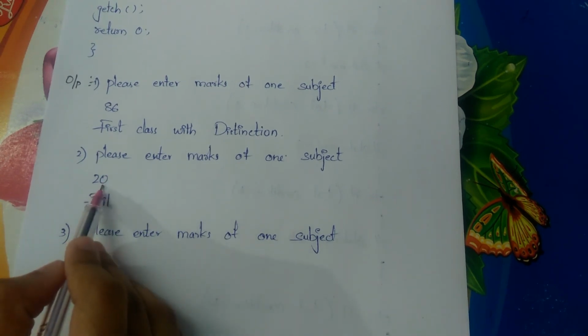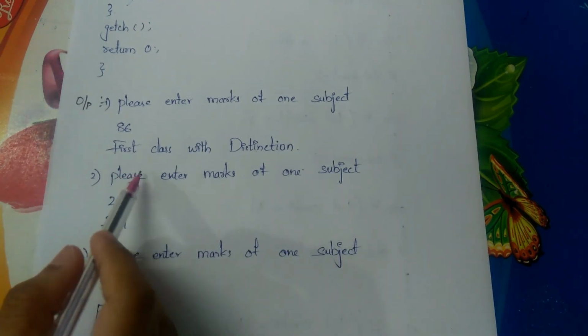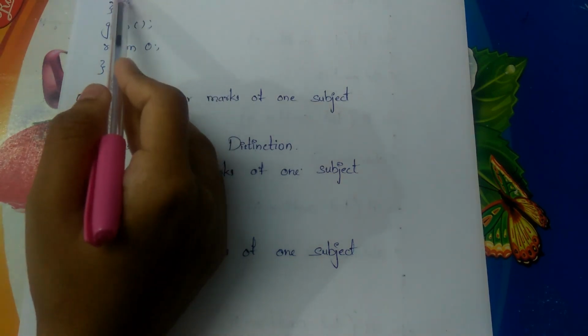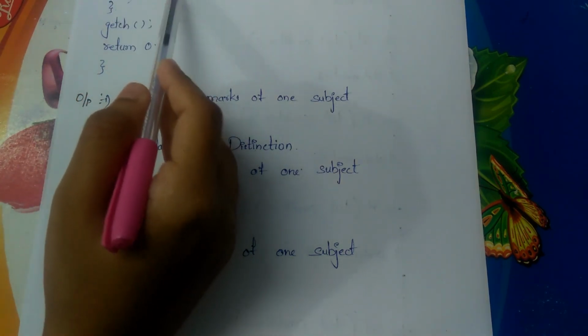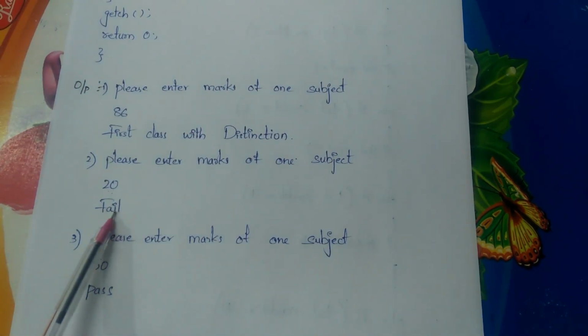So first it will be checked with the test condition 1, that is marks greater than or equal to 40. So 20 is not greater than or equal to 40, so the statement is false. Whenever the statement is false, it goes to the last else statement, that is printf of fail. This statement will be executed. So finally we get fail.